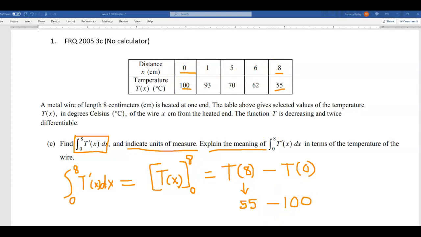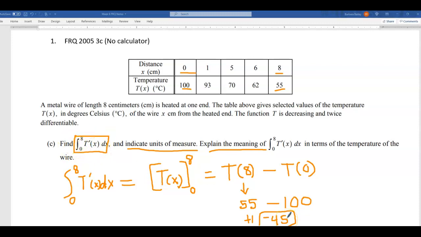And then we can just go ahead and do our math here. 55 minus 100 is negative 45. Now we've got a number here, but we need to do a couple of things with this. So this is part of my answer here. This would probably be worth 1 point, just getting that in there. I think I'll move that over here, actually. But that'd probably be worth 1 point, because they said find this, and we just did it.